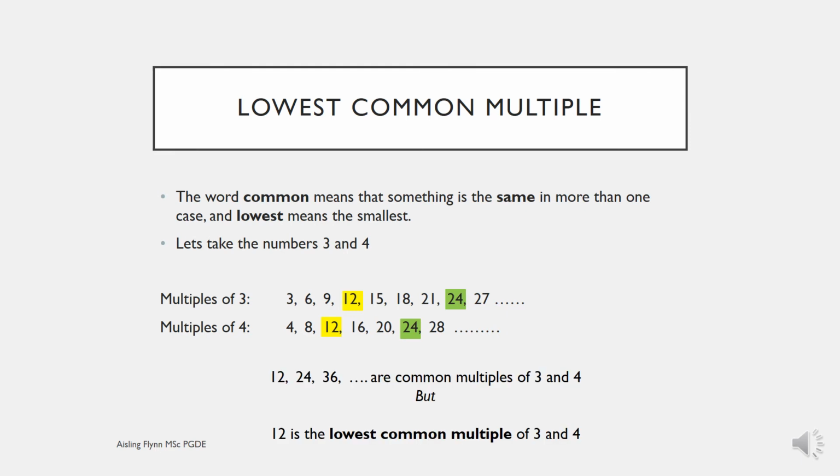Okay, 12 is the lowest, it's the smallest. And we say that 12 is the lowest common multiple of 3 and 4. So when we go to work with fractions, we will be using the lowest common multiple, or LCM. So we'll look back at this.